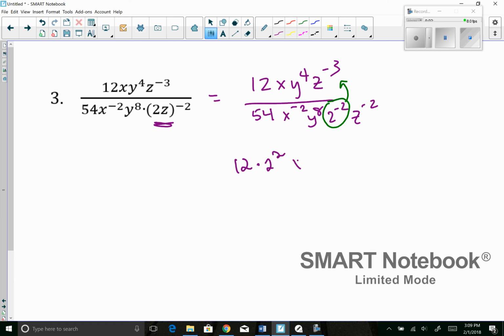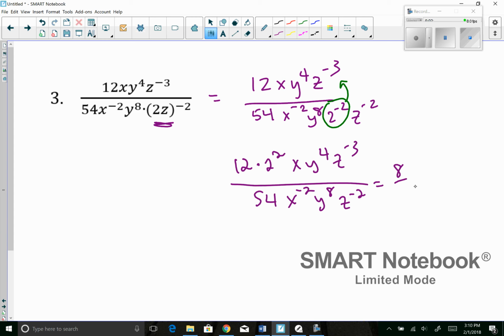Nothing else is going to change yet because I want to try and evaluate what I have. So if I do 12 times 2 squared, or 12 times 4, that's 48. And if I do 48 divided by 54, I get 8/9.